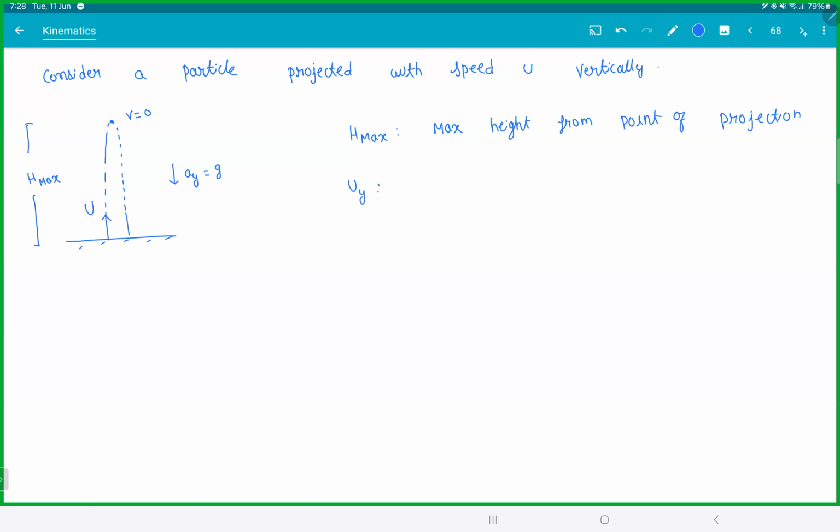So the subscript y indicates the direction. So this is the initial vertical velocity. If I say u_x, it means initial horizontal velocity. a subscript y is your acceleration in the vertical direction.